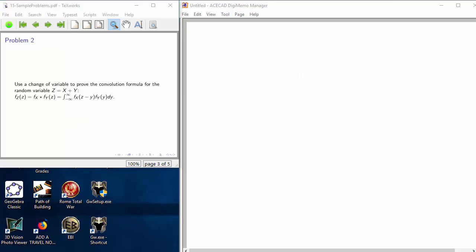We move along to the next problem. It's another one where you're inventing new density functions from old, and this time you know the density function for x and for y, and you need the density function for x plus y.